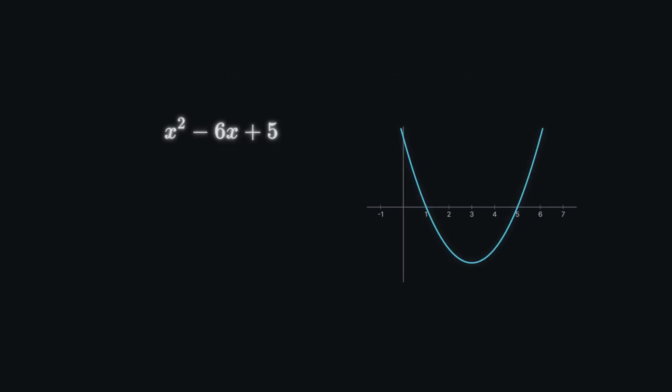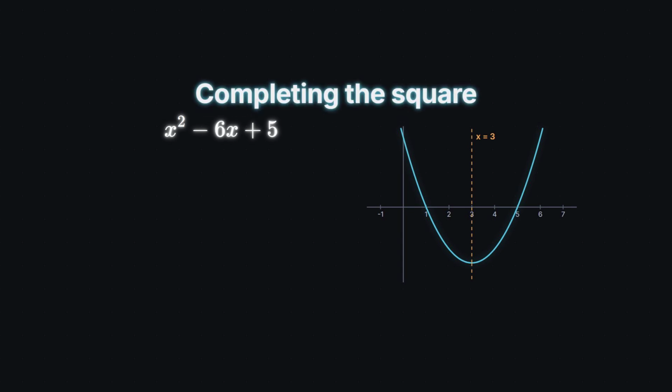Let us do that with real numbers, on x squared minus 6x plus 5. A is 1, b is minus 6. So the axis sits at 6 over 2, 3. Now the height. This is the step with the famous name. Completing the square. Take the 6, halve it to get 3, square that to get 9.